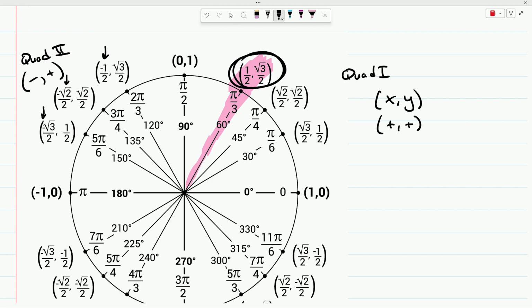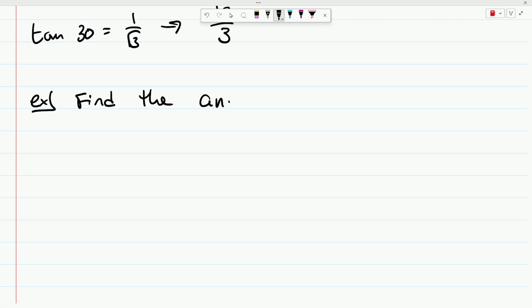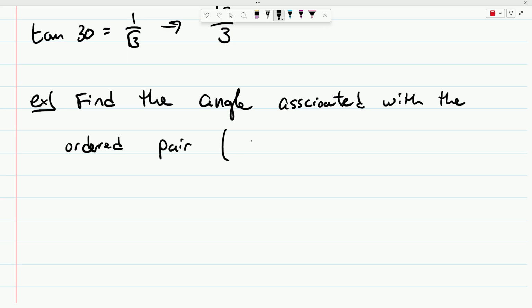So what I'm really asking here is this: find the angle associated with the ordered pair 1/2 comma square root of 3/2.